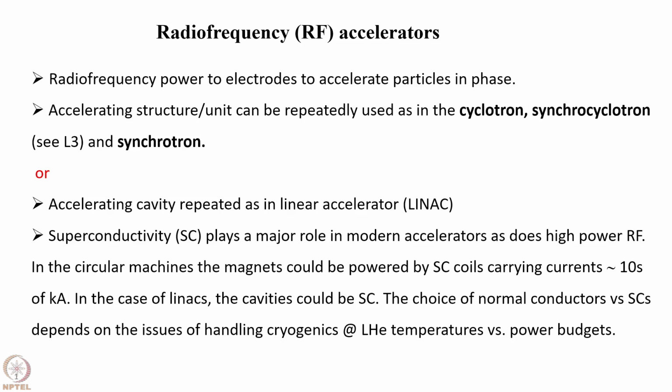At room temperature, your power budgets are high, but you are operating at room temperature. In the case of superconducting cavities or magnets, you are handling cryogenics. This is a trade-off that the builder has to decide.